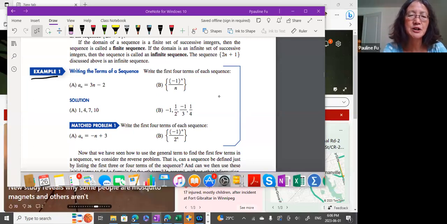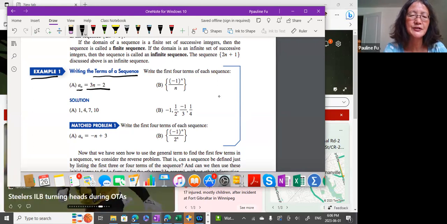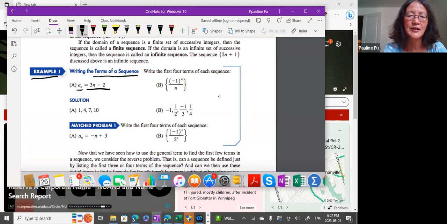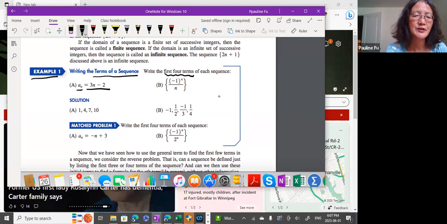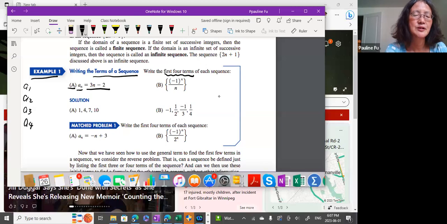Example 1. Write the first terms of the sequence. If you have An equal to 3n minus 2, you are asked to write down the first 4 terms. So you are asked what is A1, A2, A3, A4. To find A1, just plug in n with the number 1.